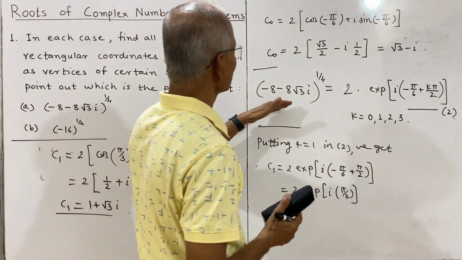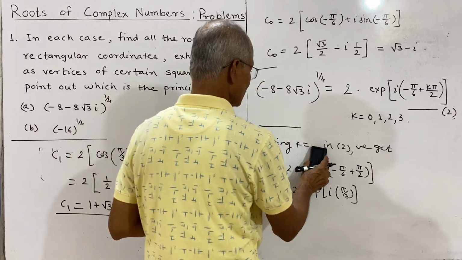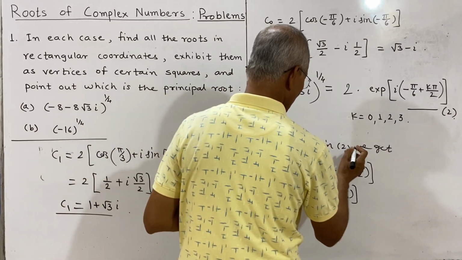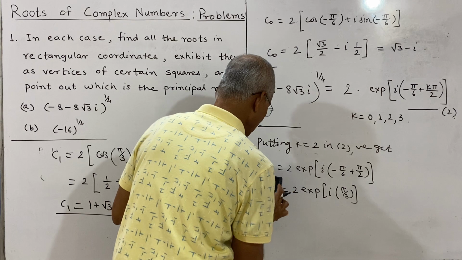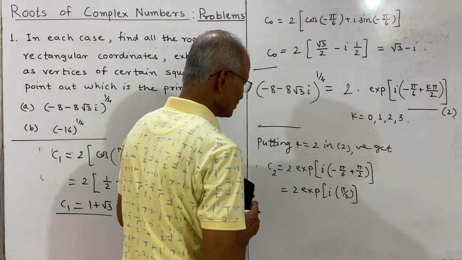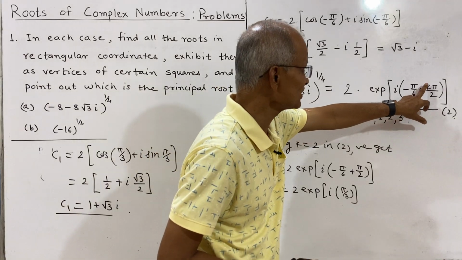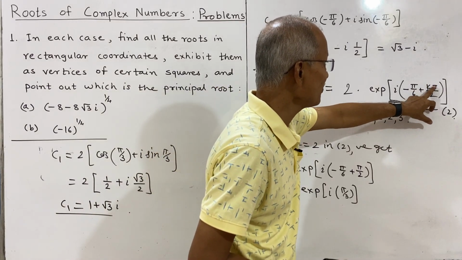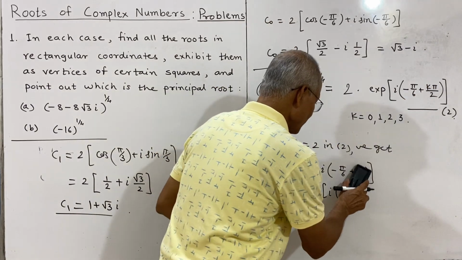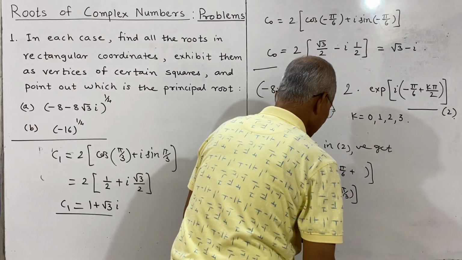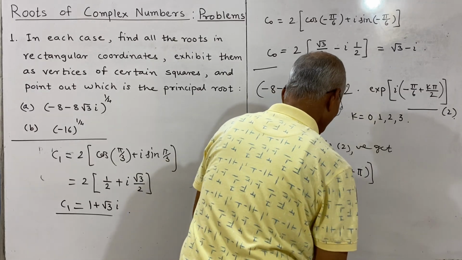Now we shall get C2. Put k is equal to 2, we get C2. C2 is equal to 2 exponential I into minus pi by 6 plus k is 2, 2 pi upon 2, that is pi, minus pi by 6 plus pi. And what is this angle?